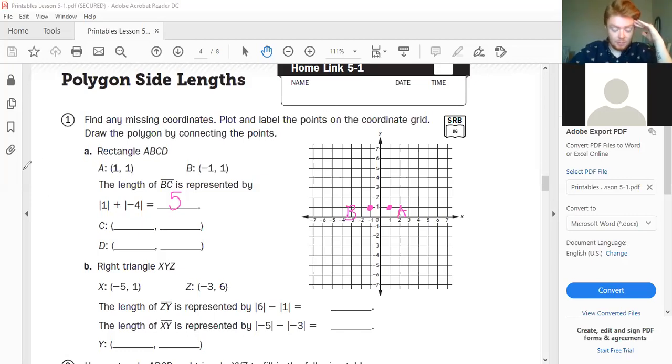If in the wall it was -4, for example, plus 1 inside the wall, so they're both inside the wall, first you solve it. So to solve this one, yes, it would be -3 first, which then makes our absolute value 3. Does that make sense?